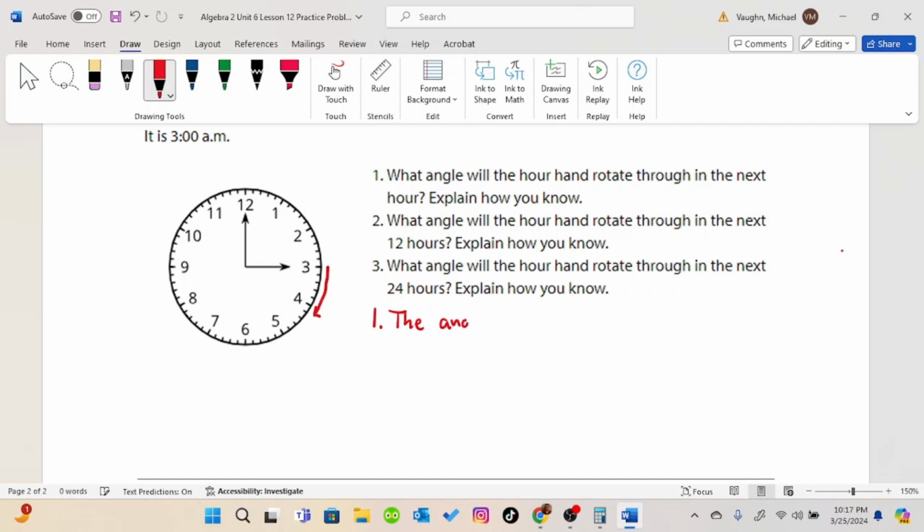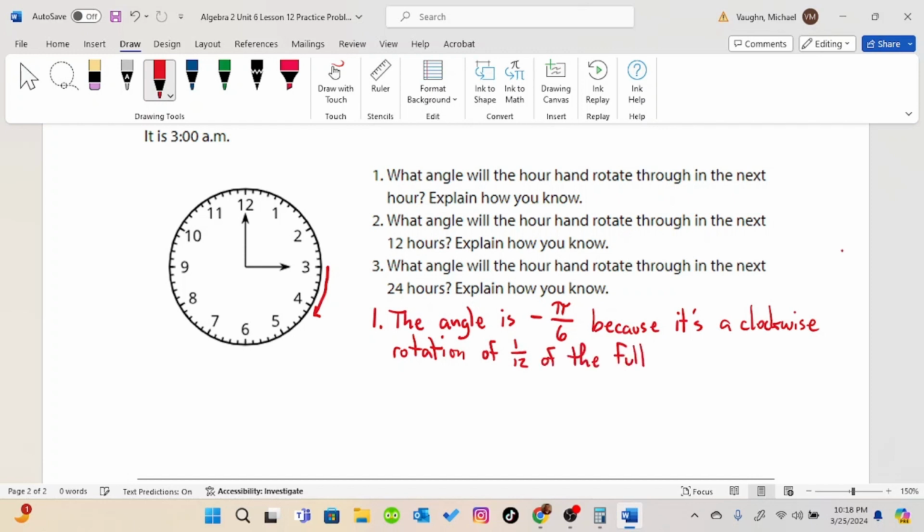The angle is negative pi over 6 because it's a clockwise rotation of 1/12 of the full circle.